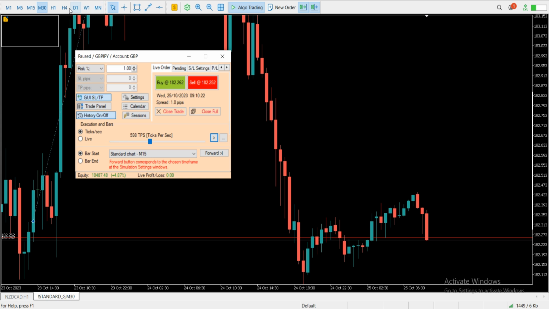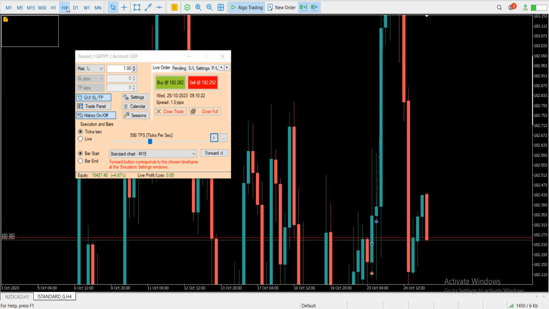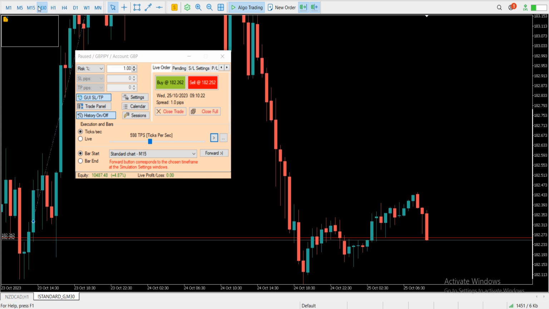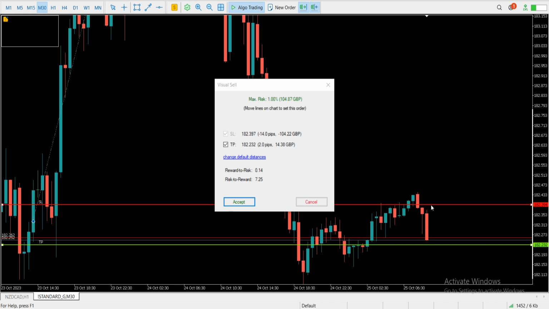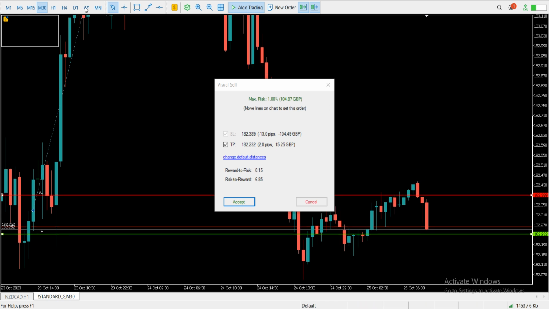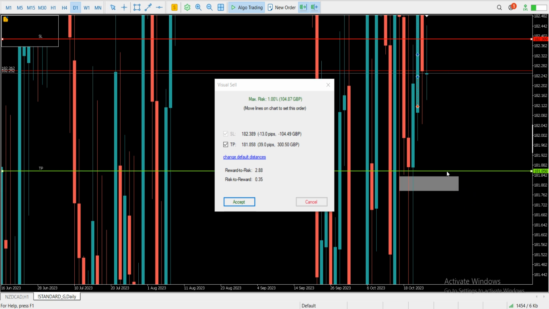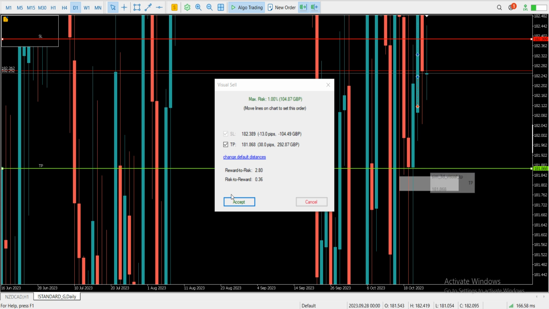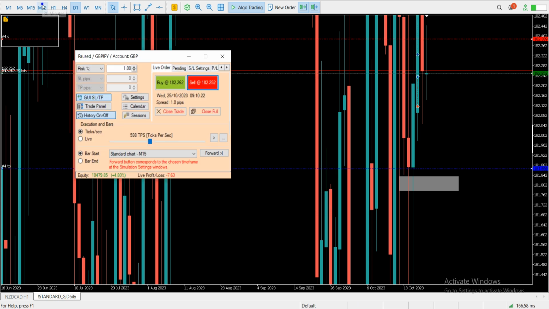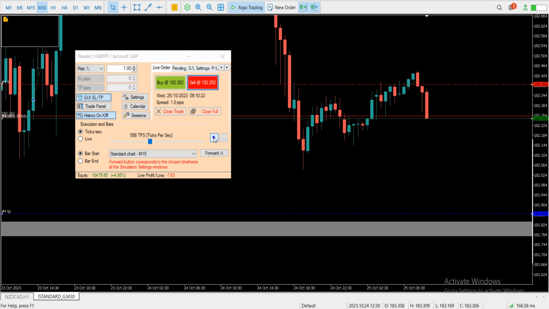Stop. Well, I got that resistance maybe. Let's execute the sell trade. Stop loss right there, and the daily candle is flipping bearish. Now it can go down at least till this zone. Okay, accept and let it run.